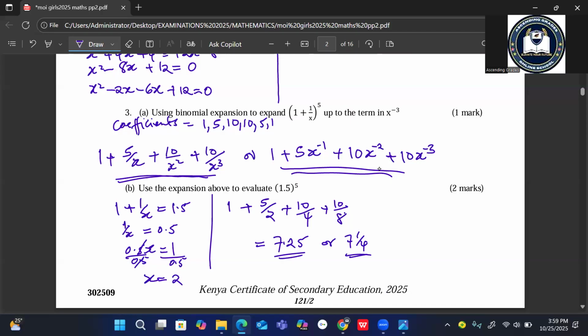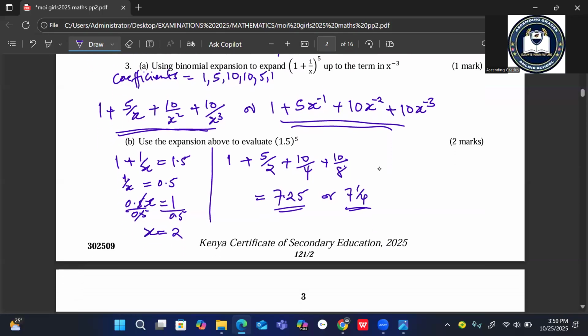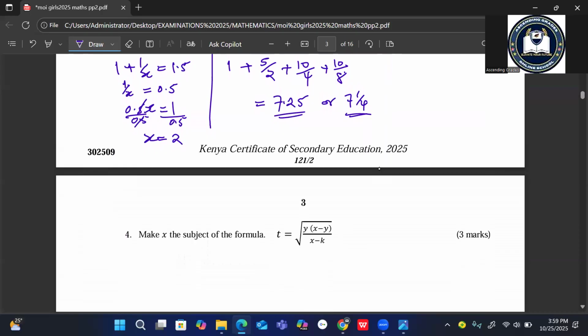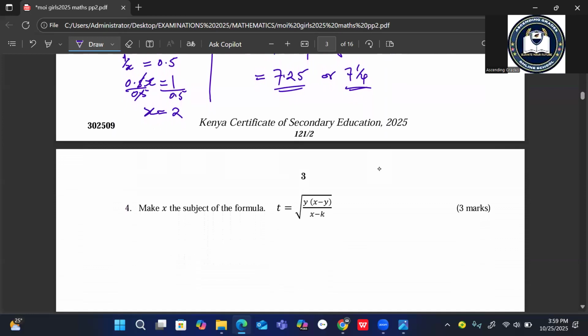That's simple. Then we move to the next question. That is question number 4, making x the subject. So we're going to make x the subject in this formula. When we have this square root sign, that means we square both sides to remove it.